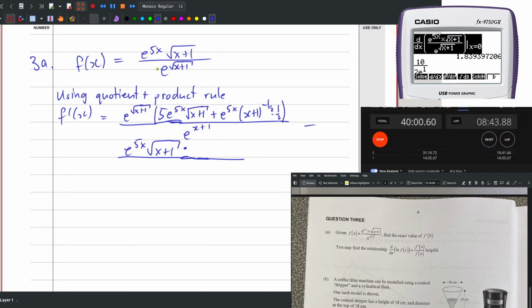So obviously you get e to the power of square root x plus 1, because that doesn't change, times, but then you have to differentiate that, so you get x plus 1 to the negative a half times 1 on 2, on e to the x plus 1.